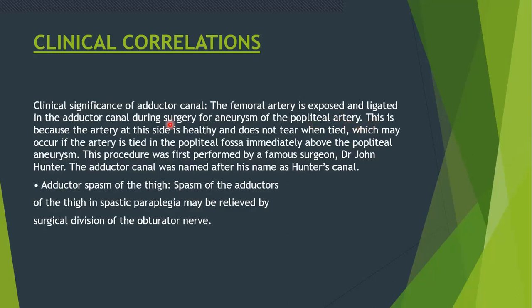This is because the artery at this site is healthy and does not tear when tied, which may occur if the artery is tied in the popliteal fossa immediately above the popliteal aneurysm. So you should tie that artery in the adductor canal, not in the popliteal fossa, because in the popliteal fossa it will occasionally tear, but not in the adductor canal.